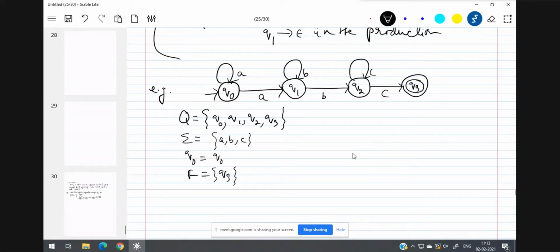Whatever information I could gather from this NFA, I'm just listing it here.